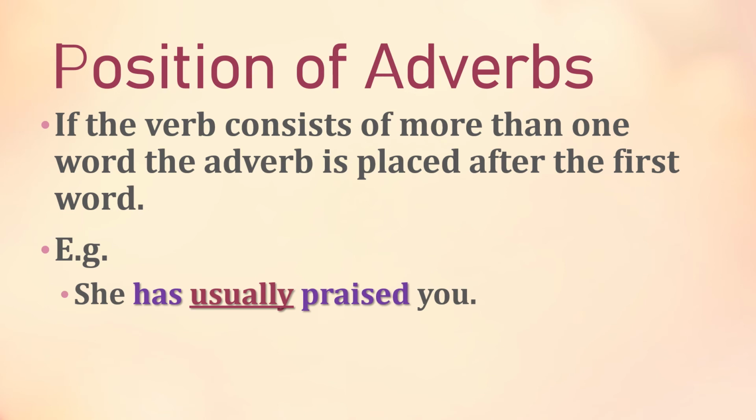She has usually praised you. Here in this sentence, your verb is made up of two words, has praised. So we will first use the first part of the verb, that is has, followed by the adverb usually, and then praised, which is the second part of the verb. So we first write the first part of the verb, followed by the adverb, and then the second part of the verb.